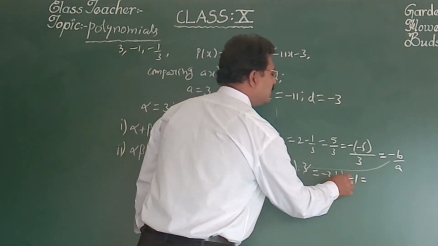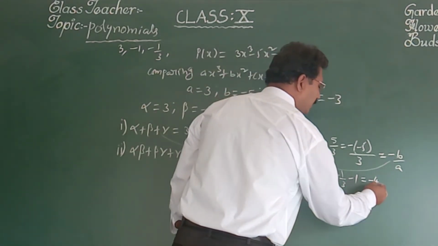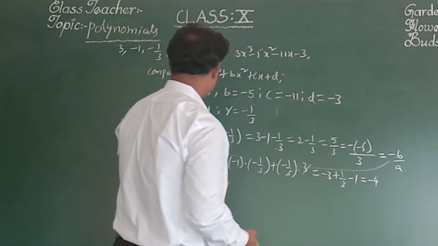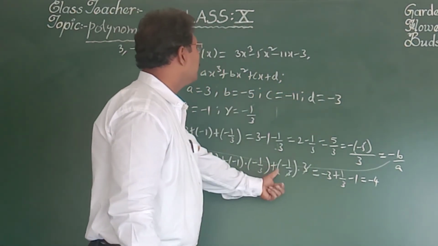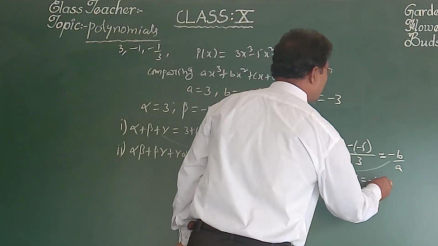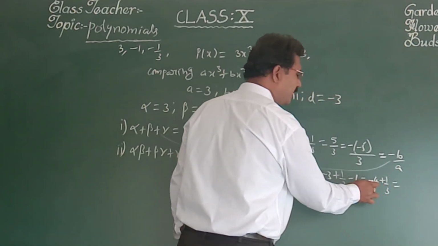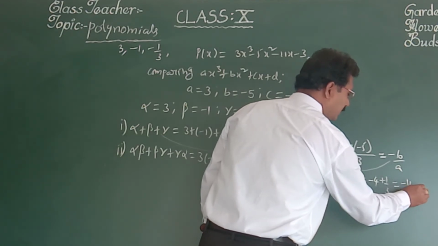So minus 3 minus 1 is minus 4 plus 1 by 3, which is equal to 3 into minus 4, minus 12 plus 1, which is equal to minus 11 by 3.